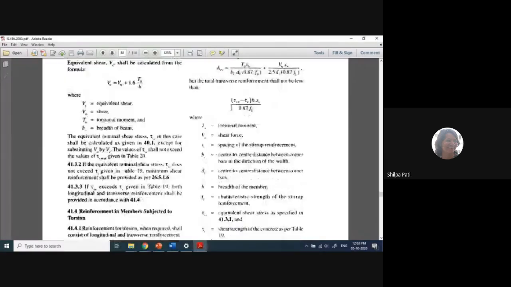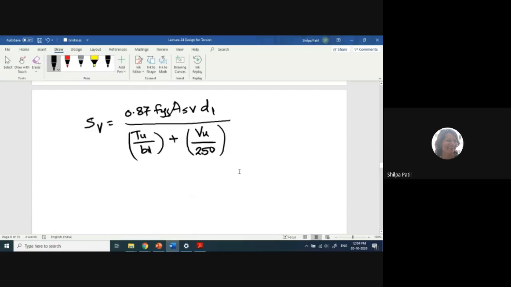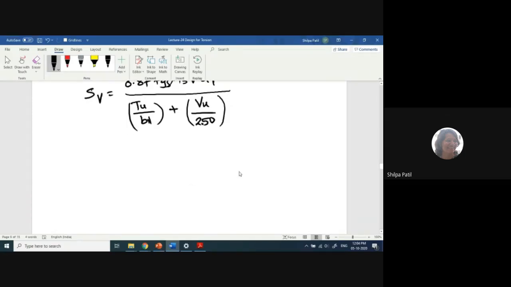What is B1? B1 is the center to center distance between corner bars in the direction of the width. It means if I consider a diagram of a beam over here, this is my 25 mm bar, the two 25 mm bars and one 12 mm bar.